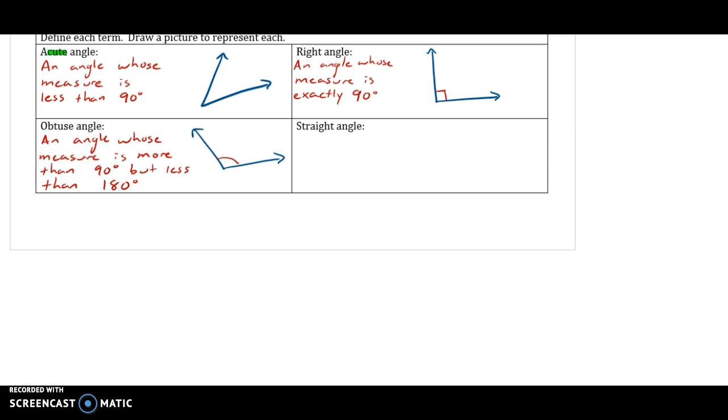Now, people remember this one because it's obtuse. I've heard OB, something bigger. Whatever helps you memorize it. And lastly, a straight angle is an angle whose measure is exactly 180 degrees. It's basically a straight line, and that's 180 degrees.